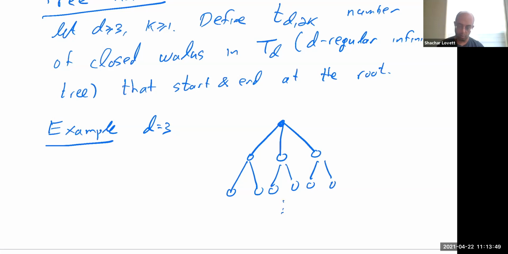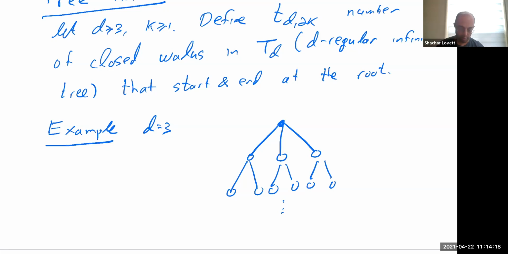I claim that if I have a walk that starts and ends at the same node, its length must be even. Because at every step you can either go down this tree one level or up one level. If I want to start and end at the same node at level 0, I have to go up and down an even number of times. Otherwise, by reason of parity, I won't end where I started.